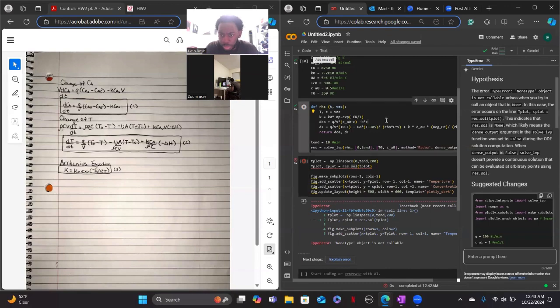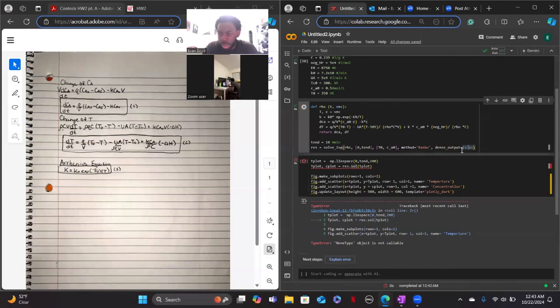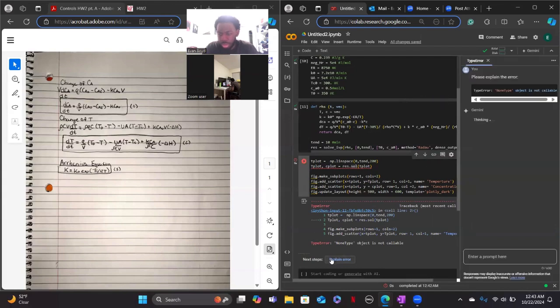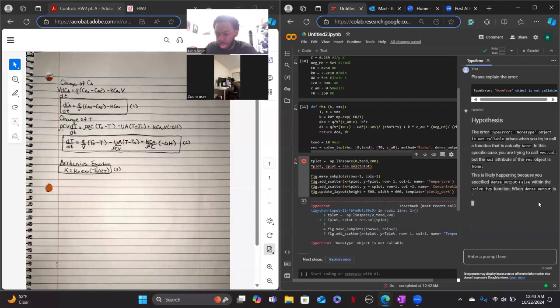So it's saying that since we have our dense output as false, it will come up that our solver can't run.